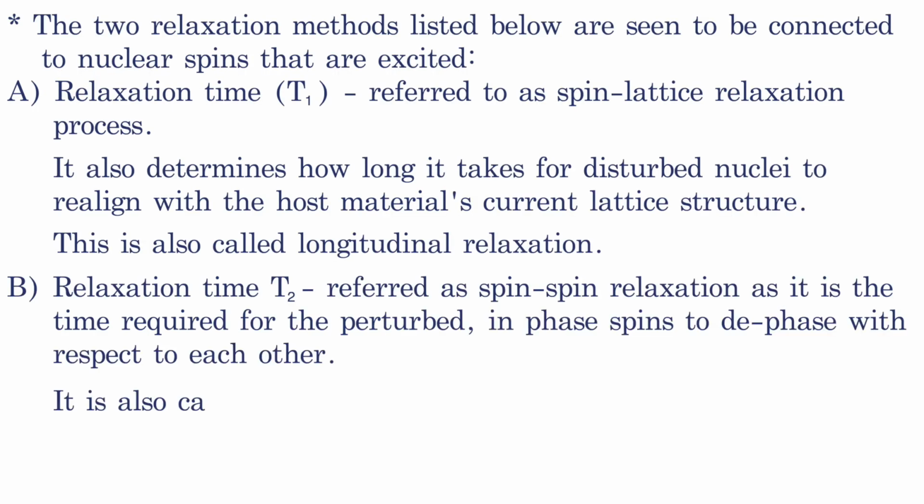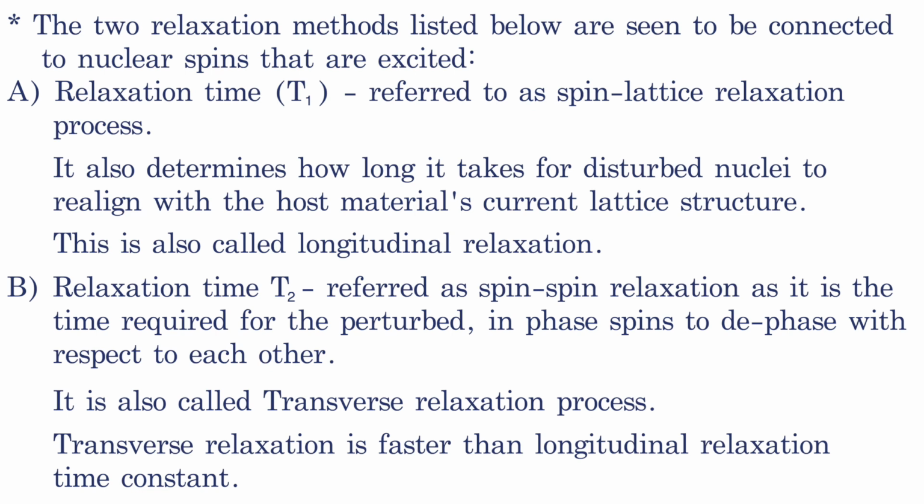The two relaxation methods listed below are seen to be connected to nuclear spins that are excited. First, the relaxation time T1 is referred to as the spin lattice relaxation process. It determines how long it takes for disturbed nuclei to realign with the host material's current lattice structure.